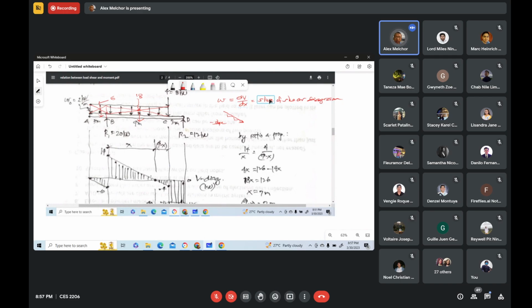So for a negative constant slope, it will be a line that is directed down to the right. That's why you have here that line. That line has a constant slope. Okay. Now from C to D, the intensity of the load is zero. So it corresponds to zero slope of shear diagram. So that's why we have a horizontal line. It has zero slope.